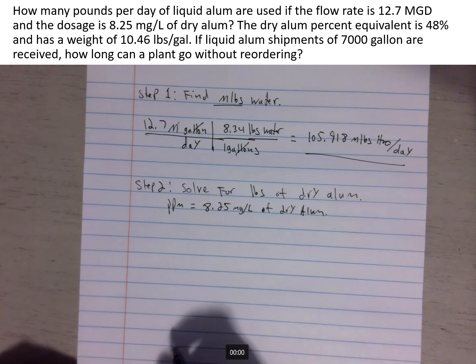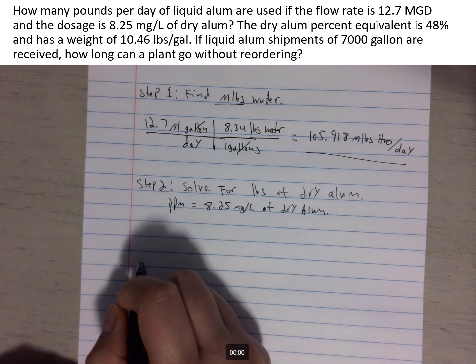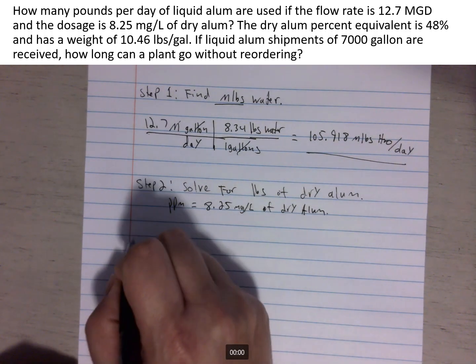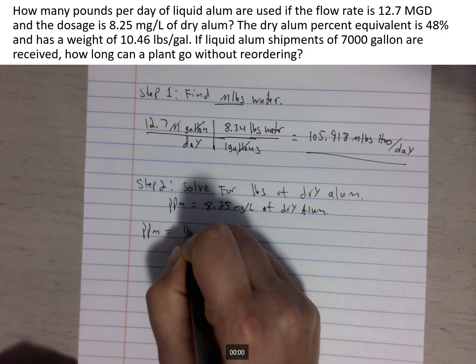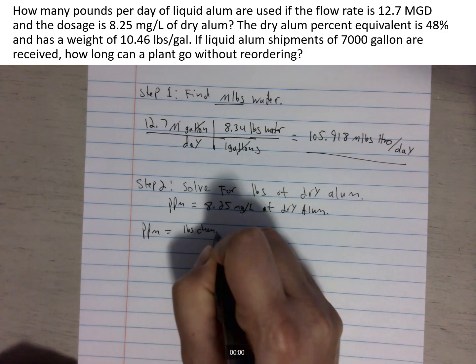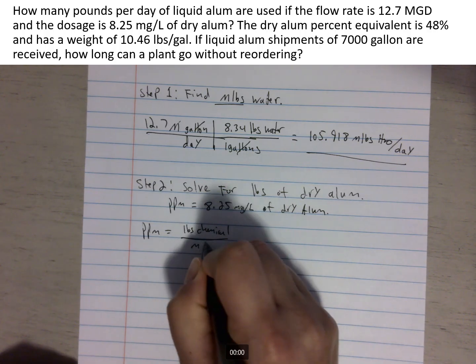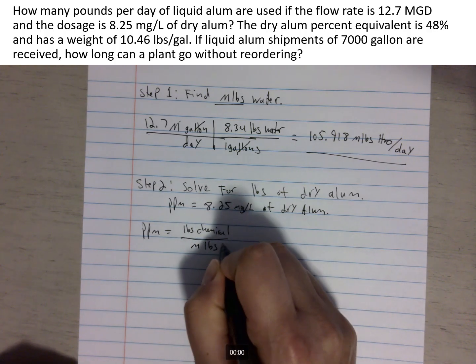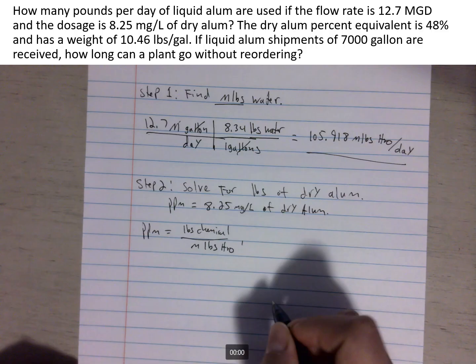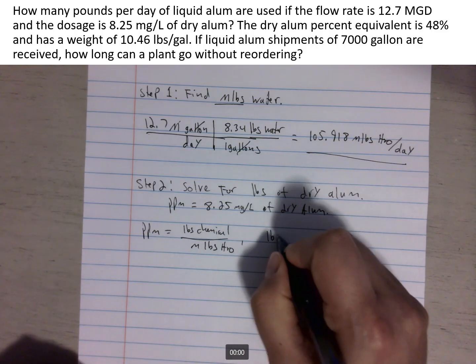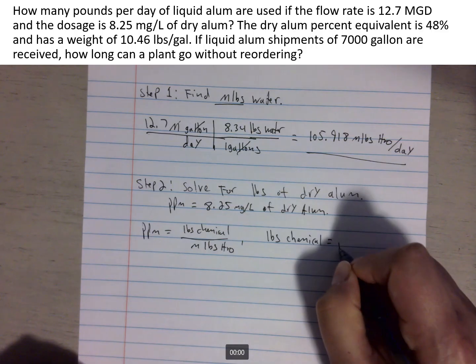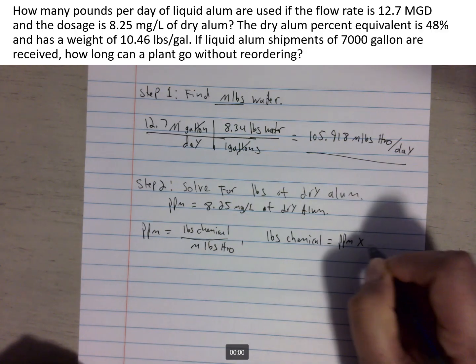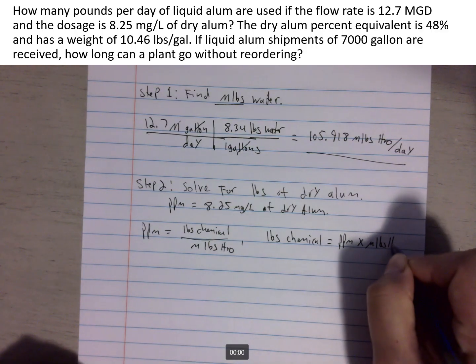So from here, we use our parts per million equation, and remember, it can be written in two different forms. Parts per million is equal to pounds of chemical over million pounds of water. It can also be written pounds of chemical is equal to your ppm multiplied by your million pounds of water.